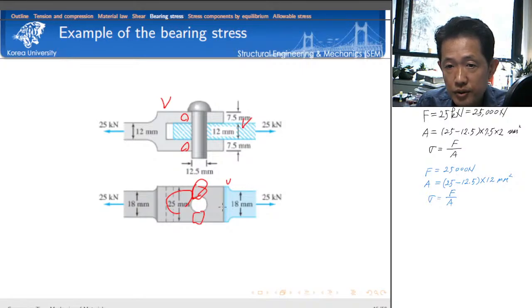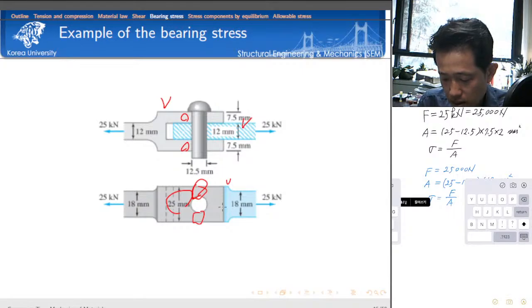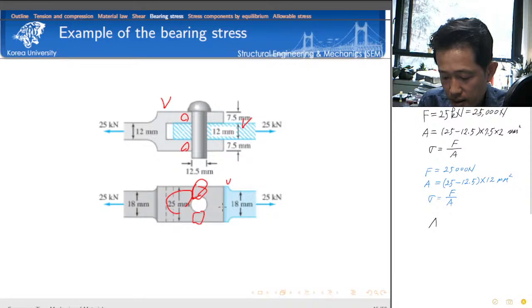So can you calculate the shear stress? The calculation of shear stress is also easy. Okay, let's try to calculate the shear stress. First we need to calculate the shear area. So let's look at here. I have shear area, isn't it?